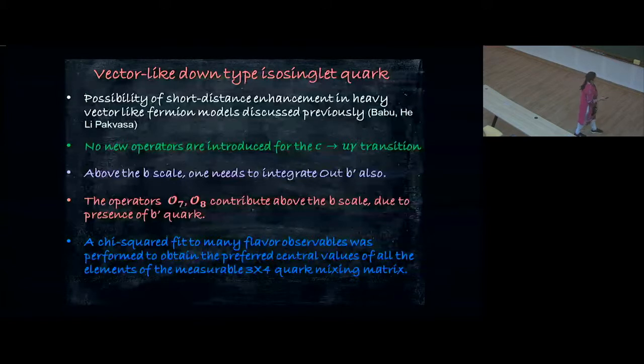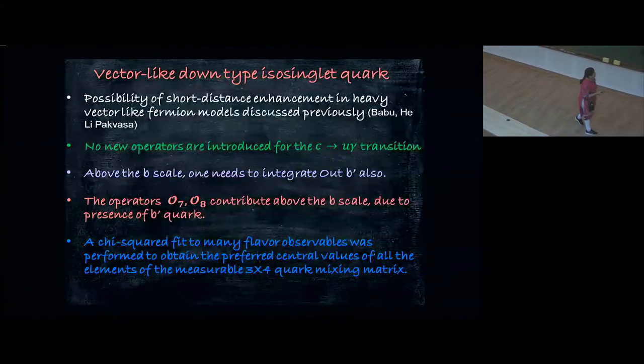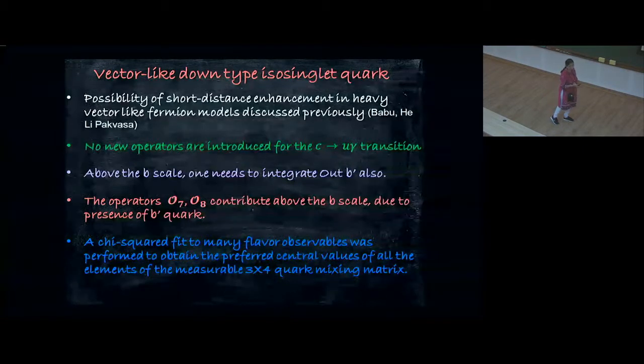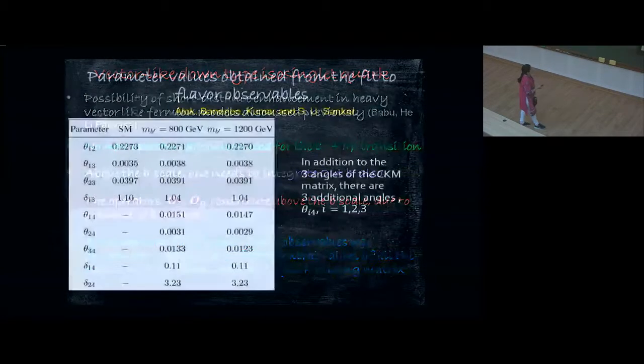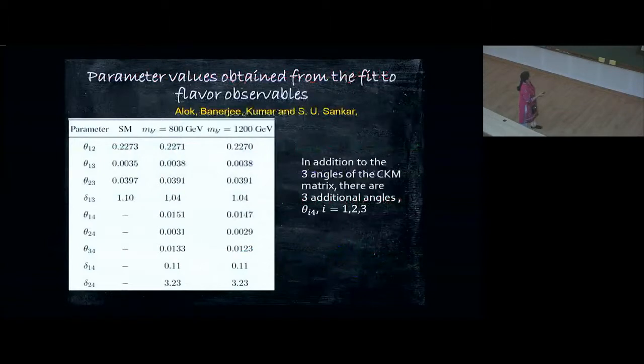A chi-square fit to many flavor observables was performed to obtain the central values of all the elements of the measurable 3×4 mixing matrix that you have in the presence of this down-type vector-like quark. This had been done by, I think I have the reference, by Alok, Banerjee, Kumar, and Sankar.